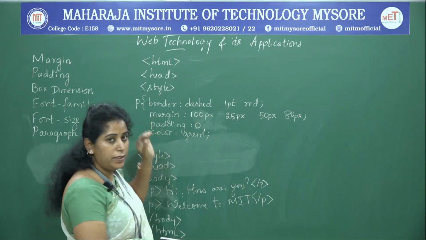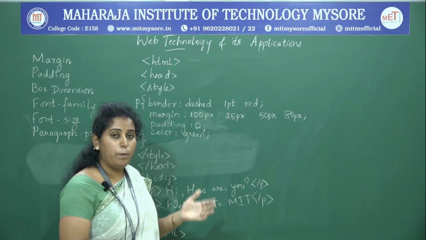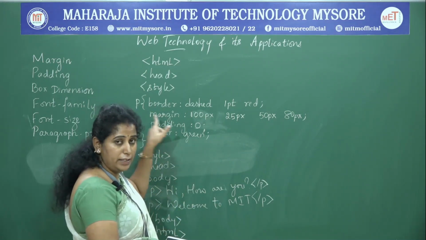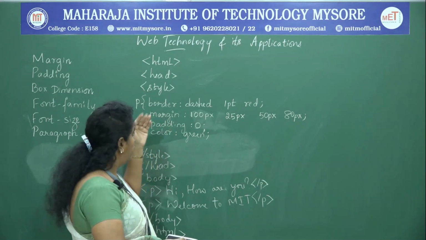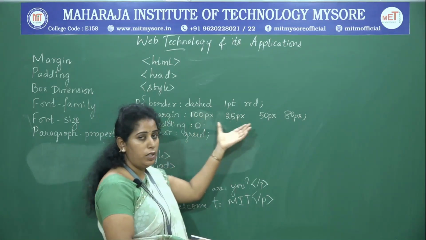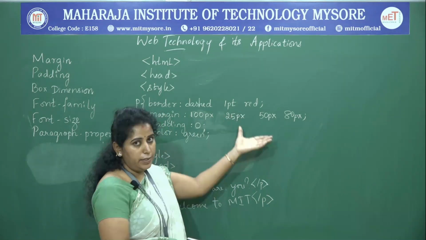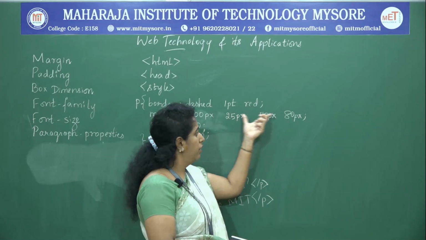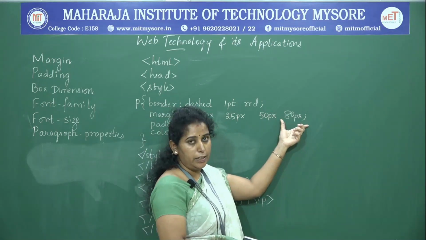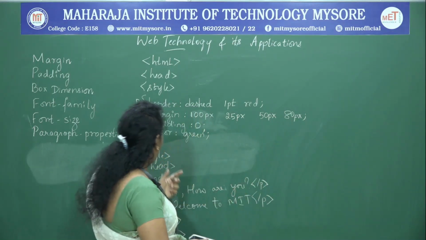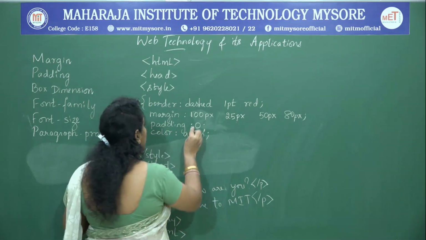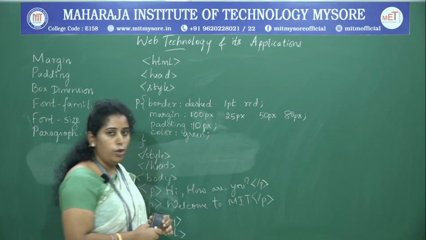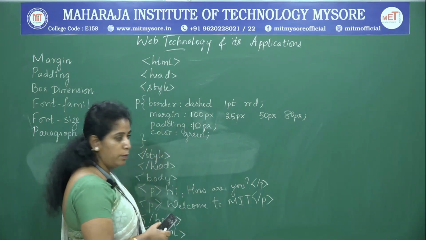So instead of giving the property specifically like margin top, margin left, margin right, margin bottom, you can give all sides margin value in this way. This represents top margin, left margin, bottom margin and right margin. Getting? So now padding I am going to give something like 10 pixel. I will change the value. Okay. So finally let me run the program.